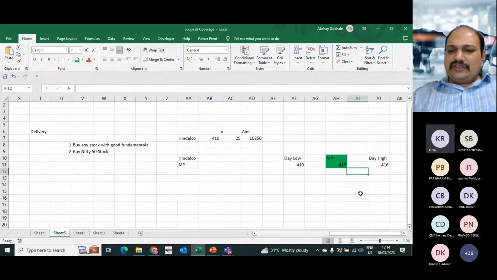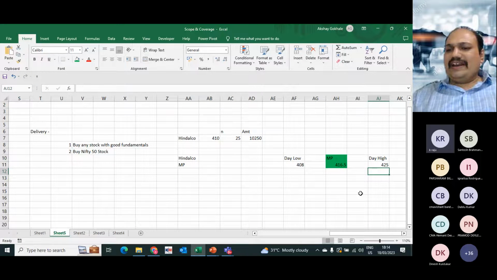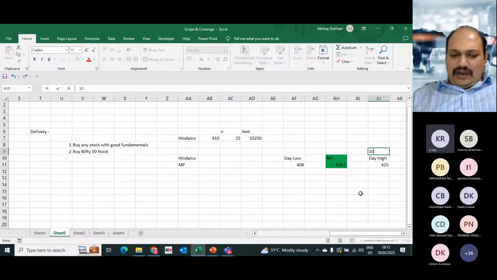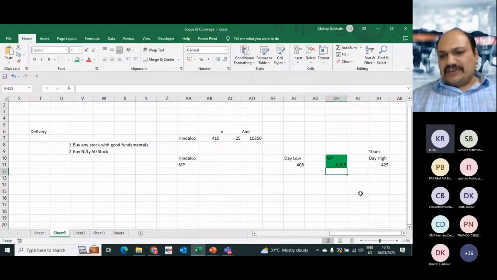Now suppose Hindalco's low is 408 and high is say 425. Take a good example, because there is huge deviation, since after 10 am you will observe that a good day high and day low has been created.